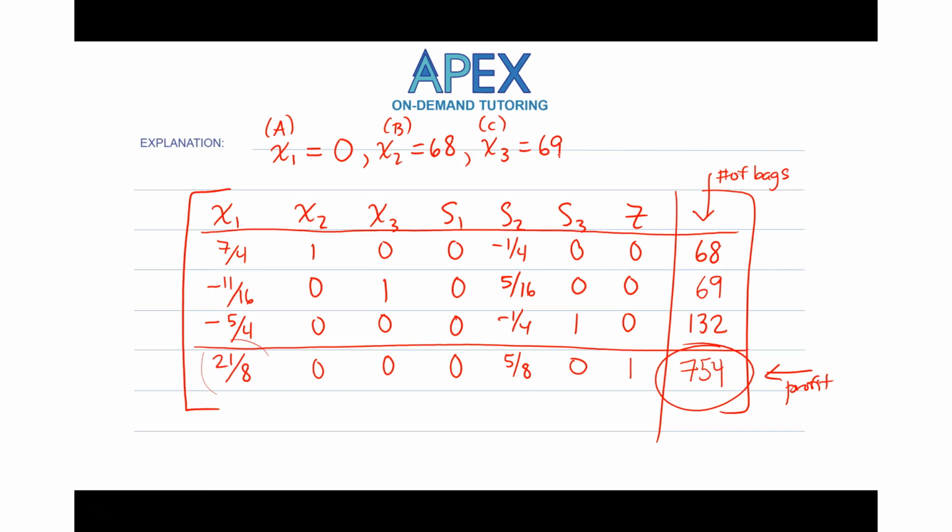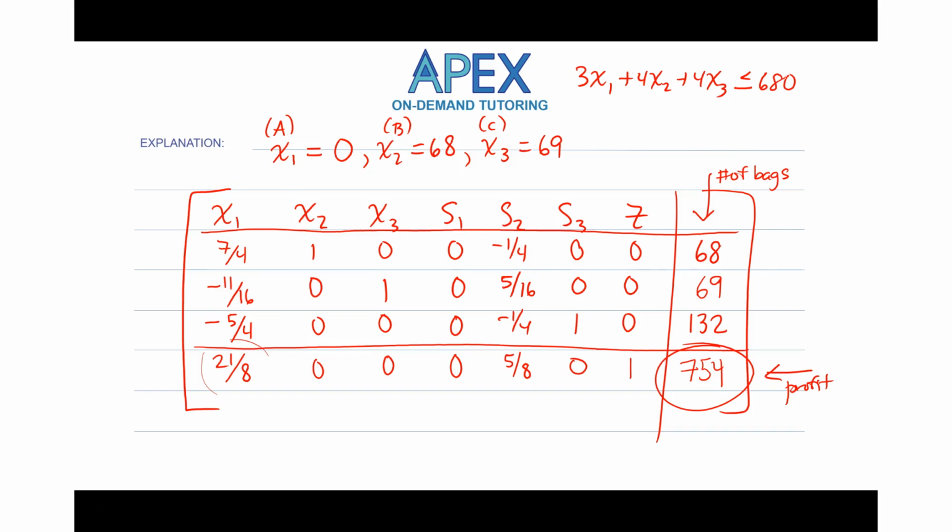Now it's worth checking this to make sure that it makes sense. Okay? For example, we have the constraint that our organic material has to be less than or equal to 680. And we had the equation originally 3x1 plus 4x2 plus 4x3 must be less than or equal to 680.